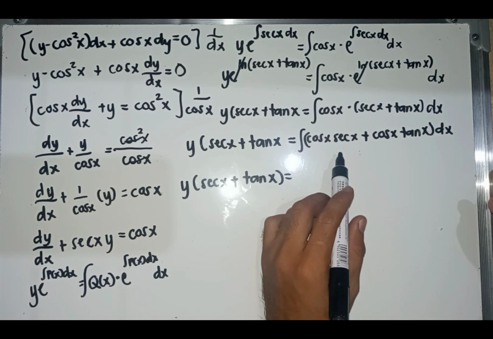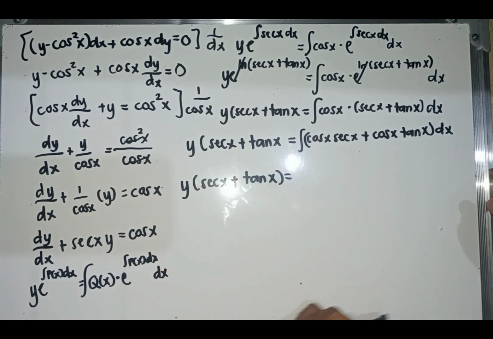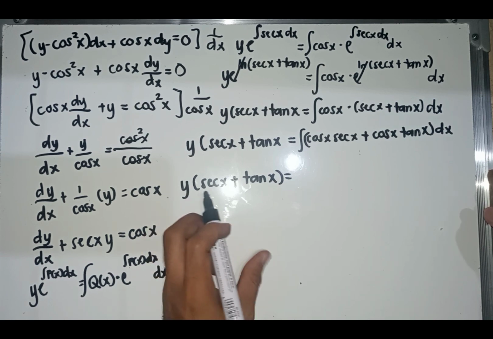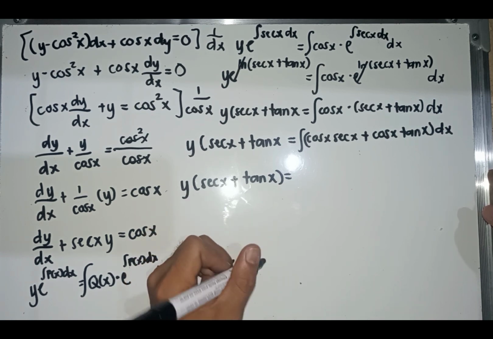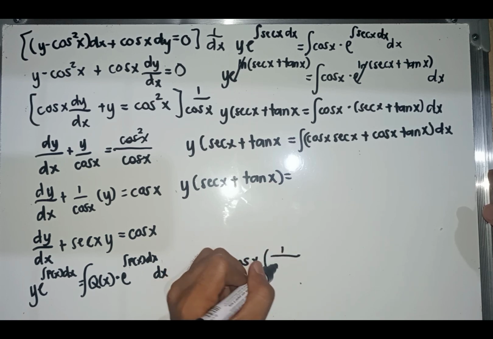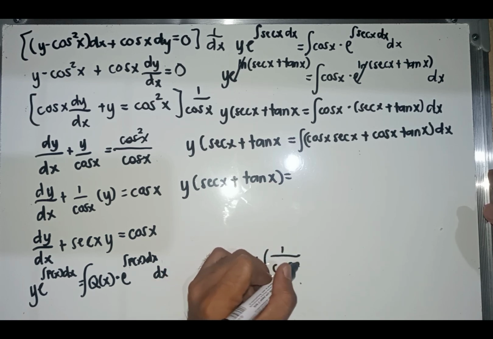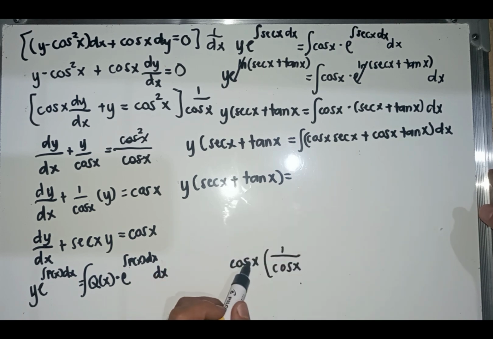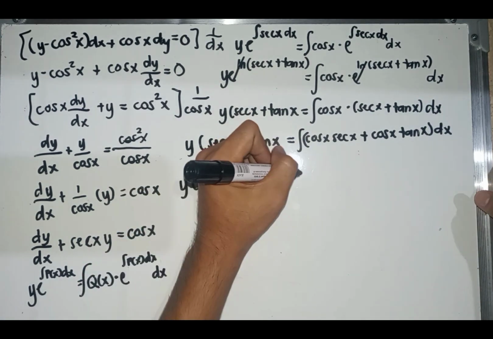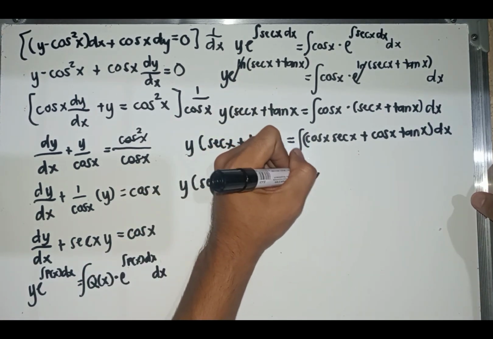So cosine of x multiplied by 1 over cosine of x cancels out, so we're left with the integral of only dx.